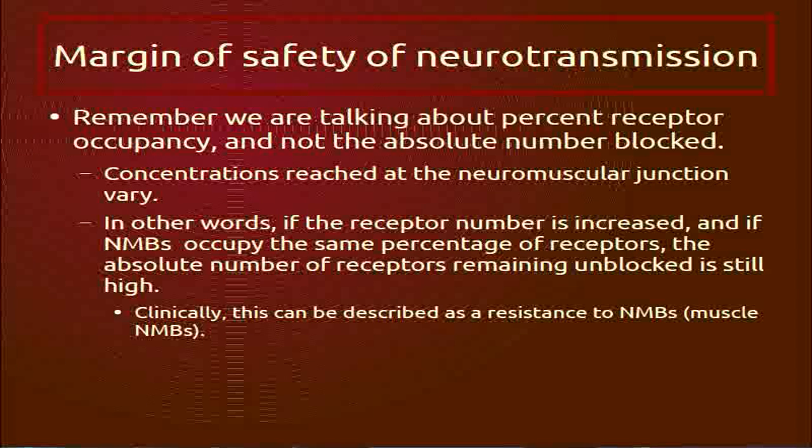So we're talking about percent response. We're not talking about actual numbers. If something happens to the absolute number of the receptors in the synaptic junction, you still have to have a certain percentage blocked.